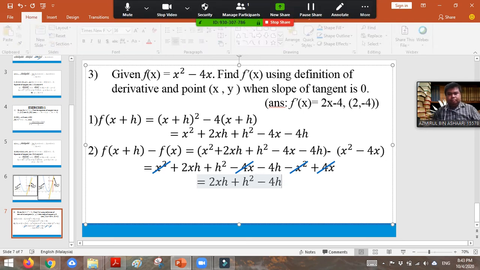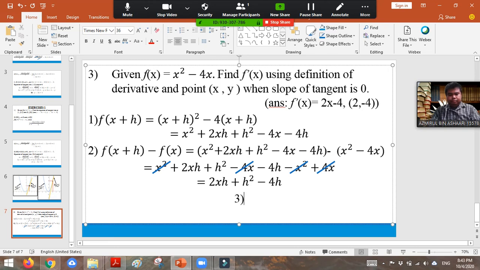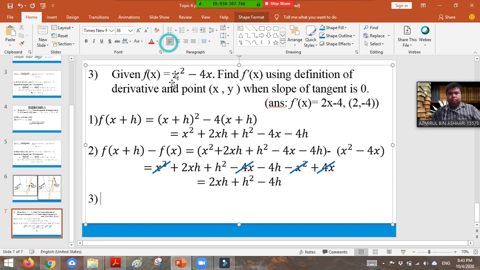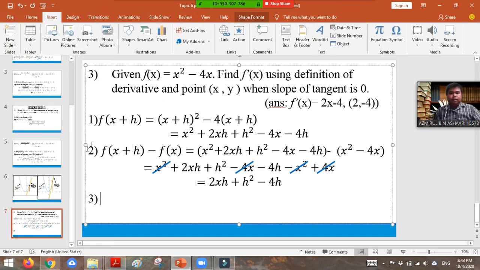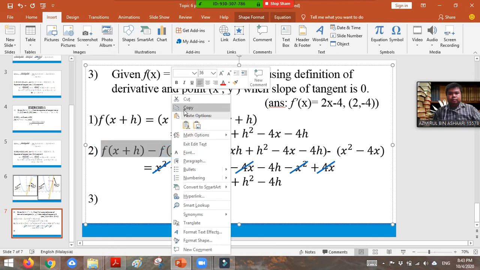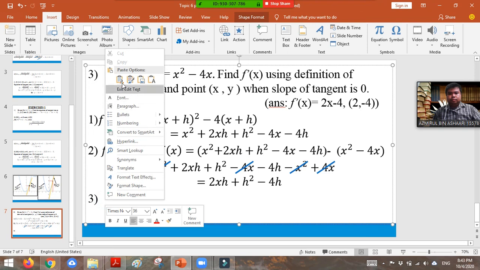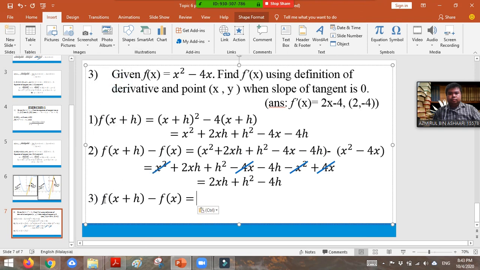Okay, the third step is you need to find the limit. This one divided by h. Okay, the third step is this one, so I just copy again.